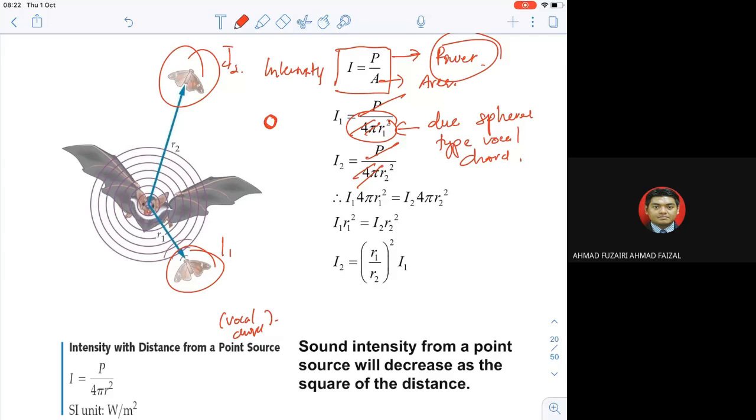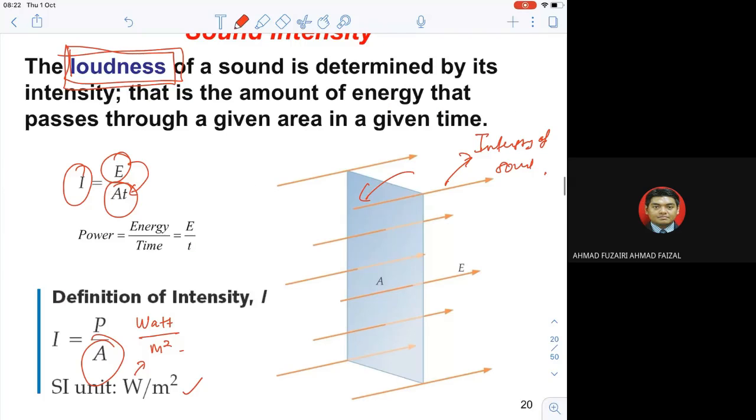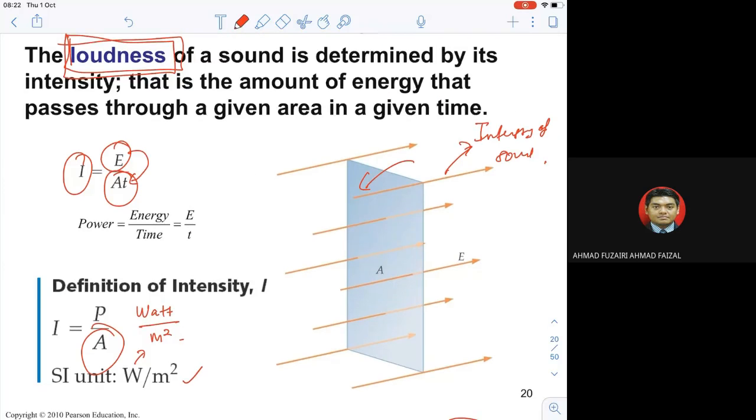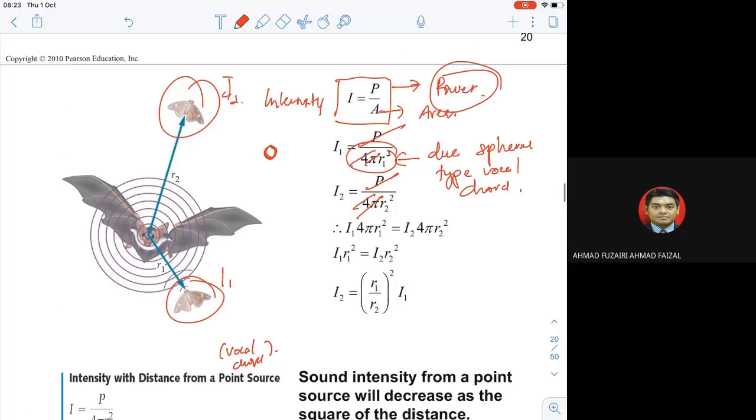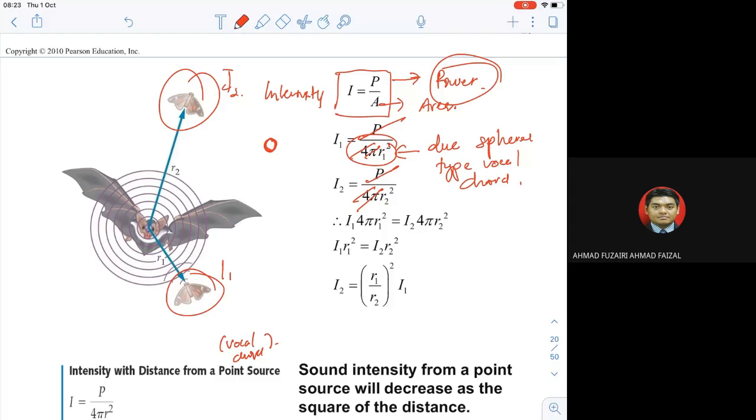So normally we will use 4 pi r squared as our surface area for a point source. But in the case where we have our own area like this one, a rectangle, we can say the area is a rectangle. So it's easy, right? Don't bother much about the area, because you need to define which area.